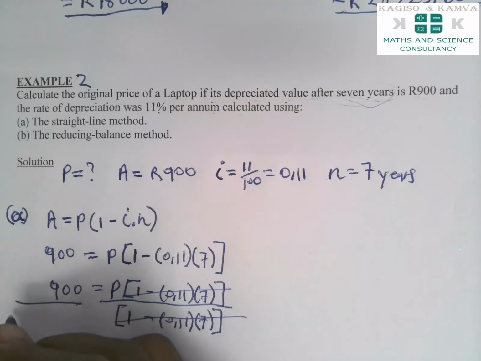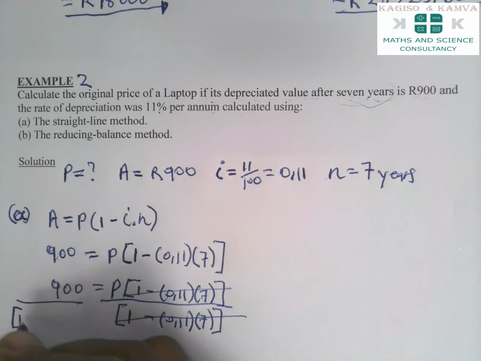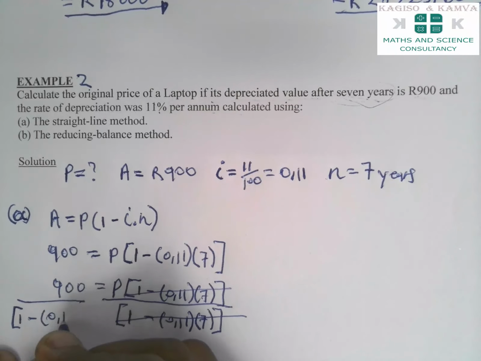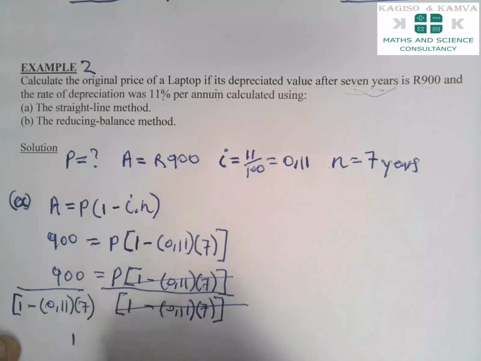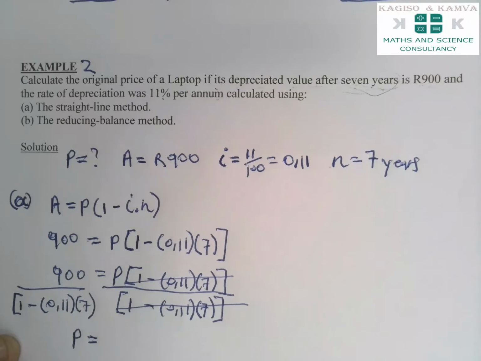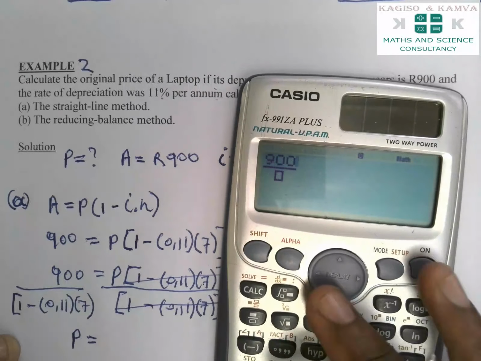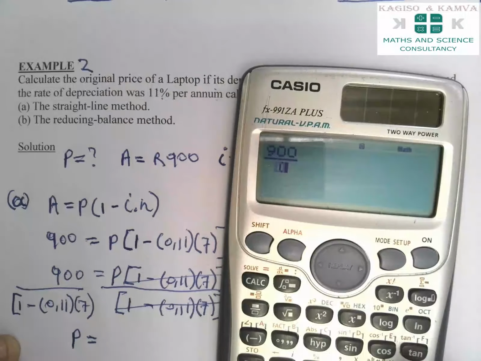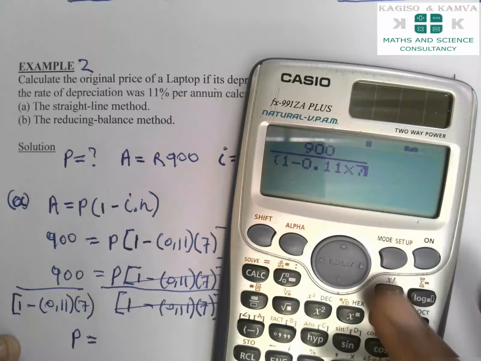We do it on both sides. That will be 1 minus 0.11 times 7. So P is going to be equal to 900 divided by 1 minus 0.11 multiplied by 7.